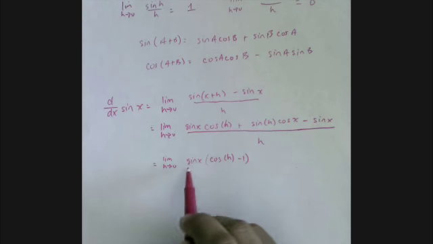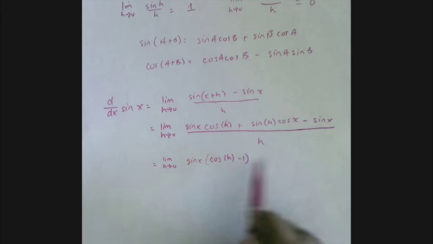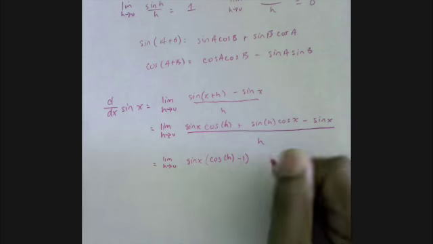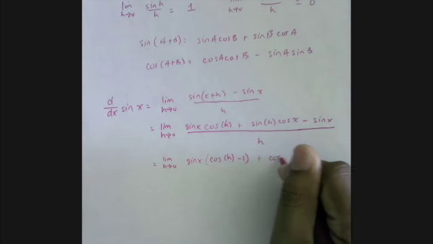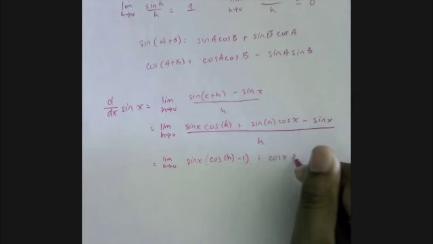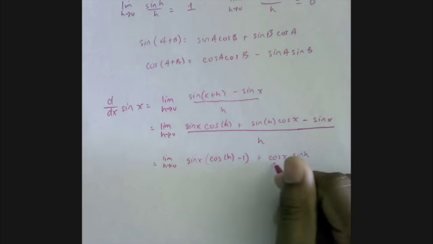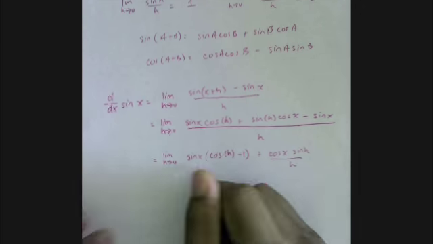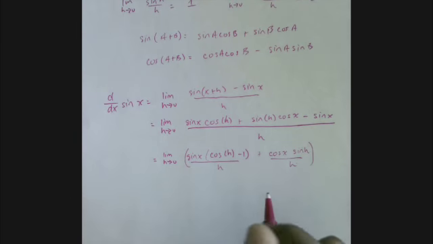And then if I distribute sine x to negative 1, that's a minus sine x, which is the last term. For the middle term, I have plus, I'm going to rearrange this, cosine x, sine of h, and then we're dividing this by h. Both quantities are actually divided by h. And we'll put parentheses around the entire argument for the limit.